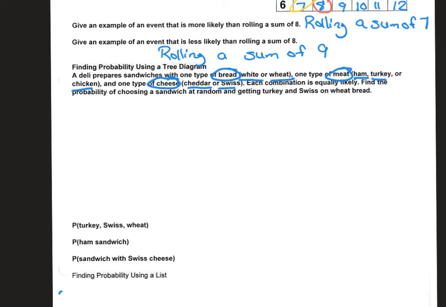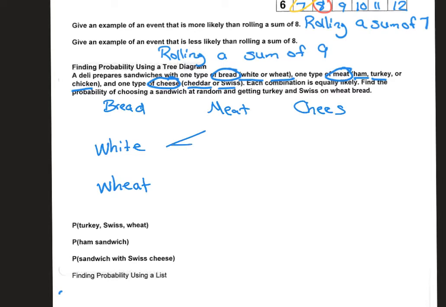So we have our bread choices. I'm going to make this a little bit bigger. So we have bread here. We have a meat choice and our cheese. So again, our bread was white and wheat. Okay, and then from that bread choice, we have 3 choices of meat.